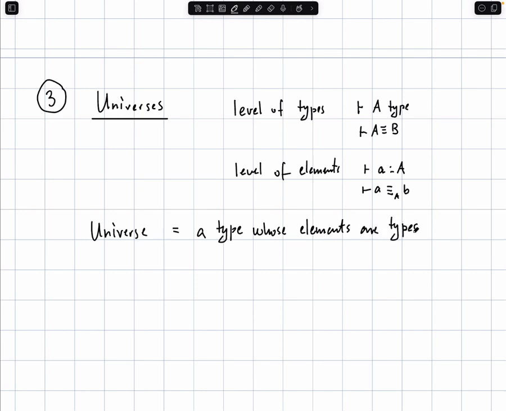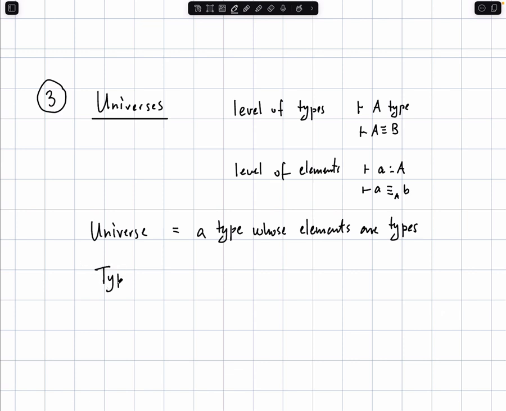Perhaps not all types, just some. There could be special types. Or maybe you have a kind of dumb universe that has 7 types. That's not going to be very useful, but you could have one. So that's the idea, and we want to see how far we can bring it. So here's one that does not work.